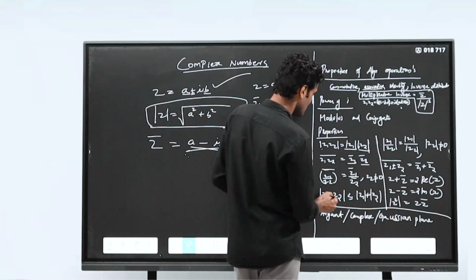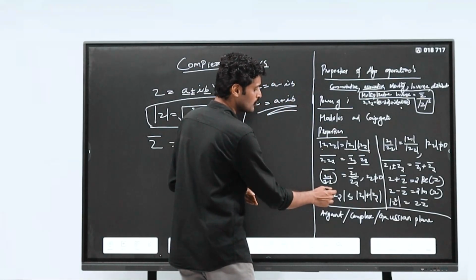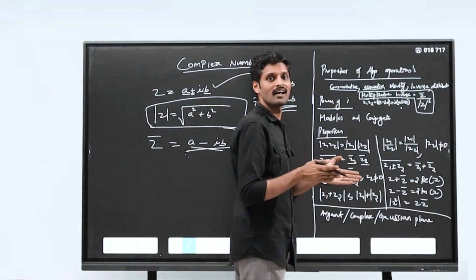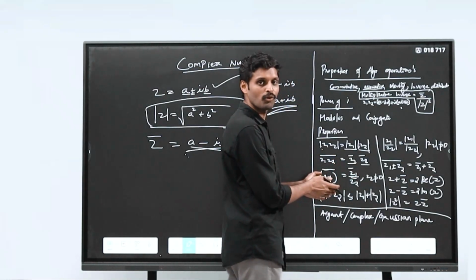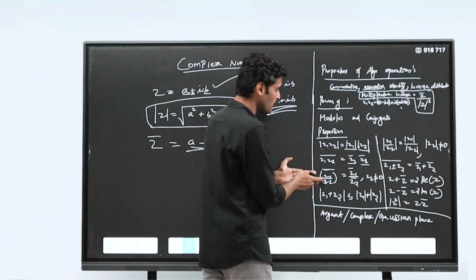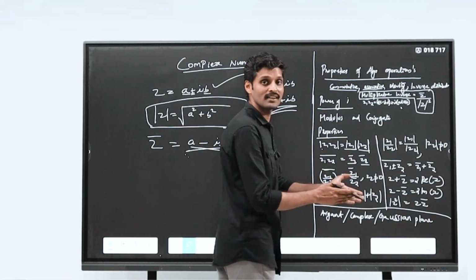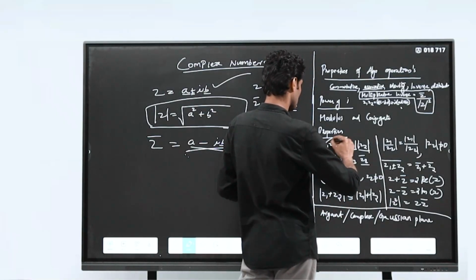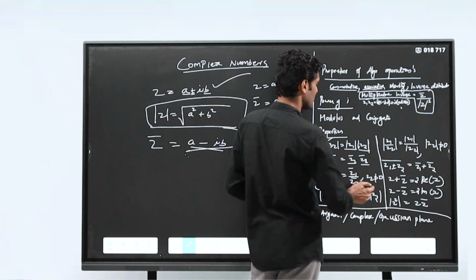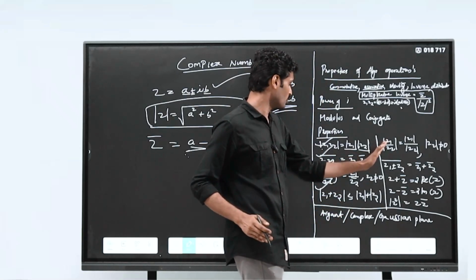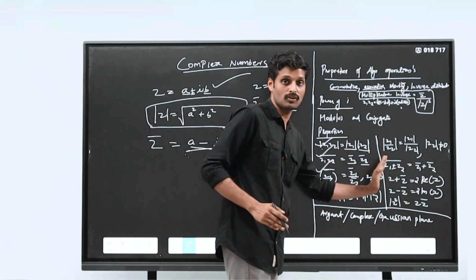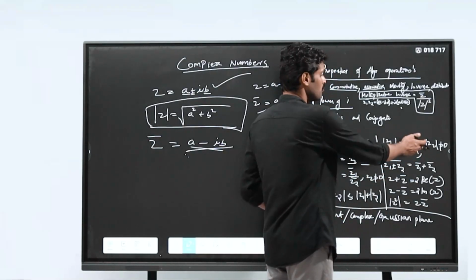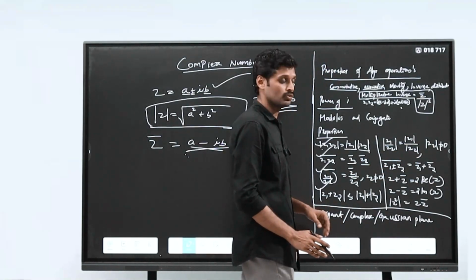That is a condition. Then mod z1 plus z2, we can split and write the modulus as: mod z1 plus z2 is always less than or equal to mod z1 plus mod z2. So these are the properties, and the other properties are mod z1 by z2 equal to mod z1 divided by mod z2, again mod z2 not equal to 0.